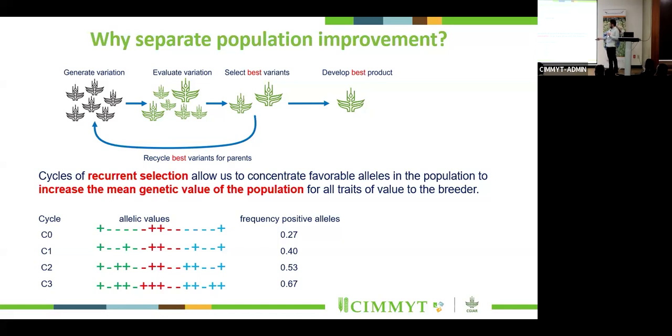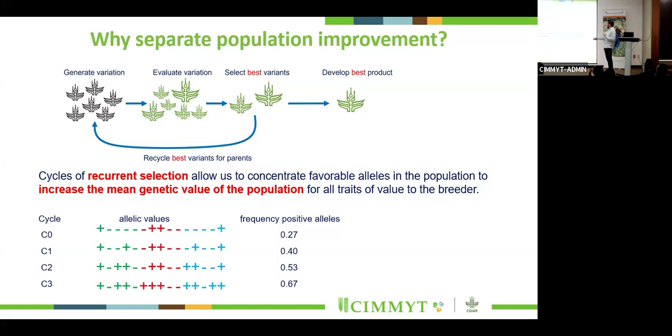So imagine, this is a very simplified example. We have 3 traits, the green, red, and the blue, and we have 5 alleles per trait. This obviously isn't a very quantitative trait because there's only 5 loci. Okay? And let's say we start at this position here where we have one allele that has a positive effect, so these are variable loci, and there'll be one allele that has a positive and one allele that has a negative effect.